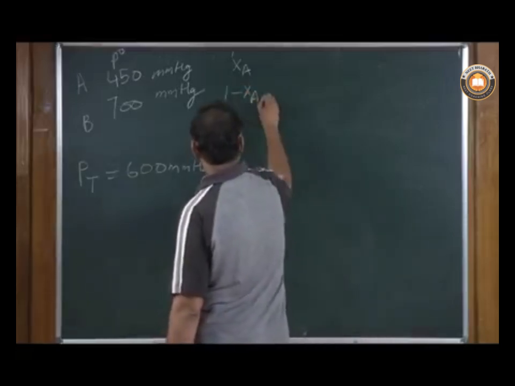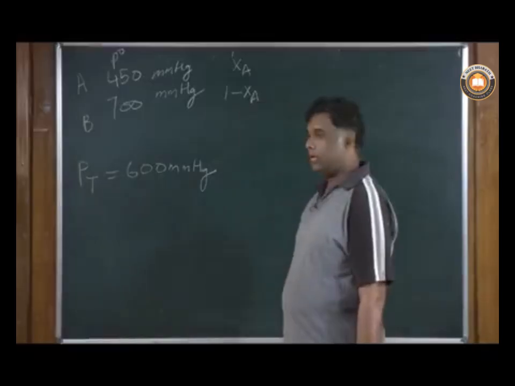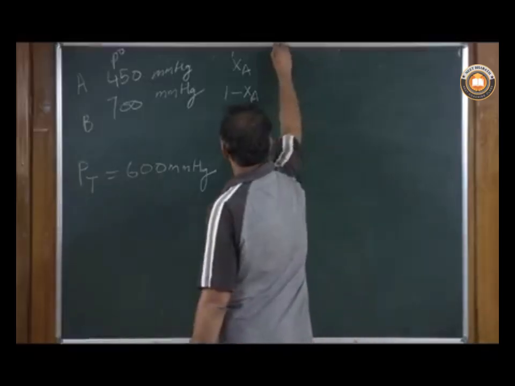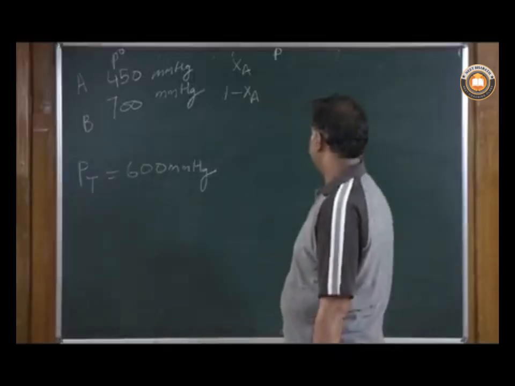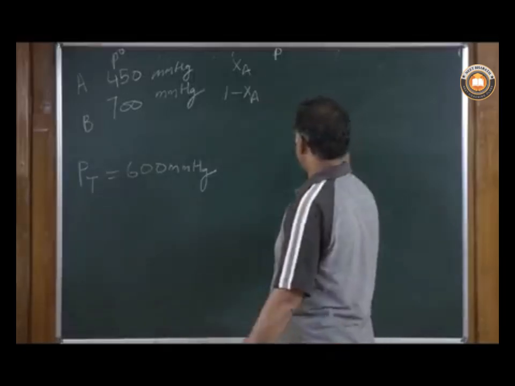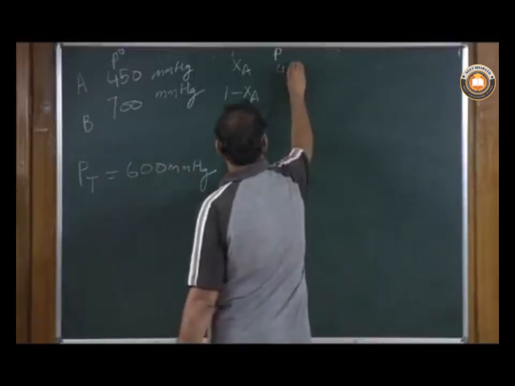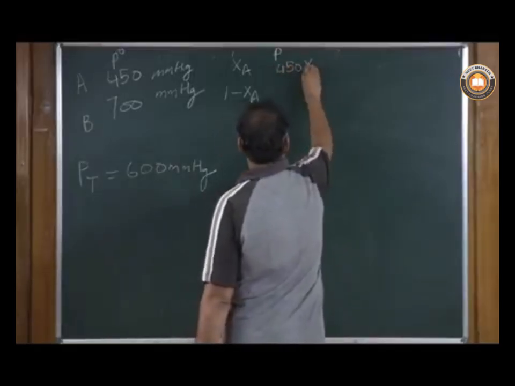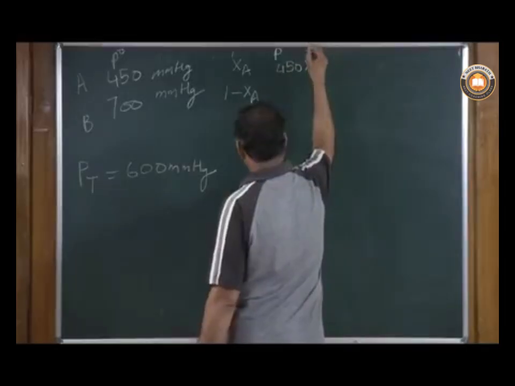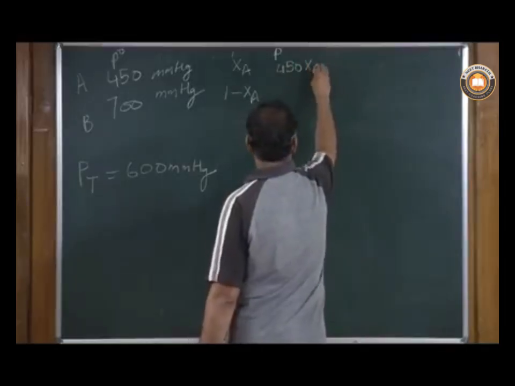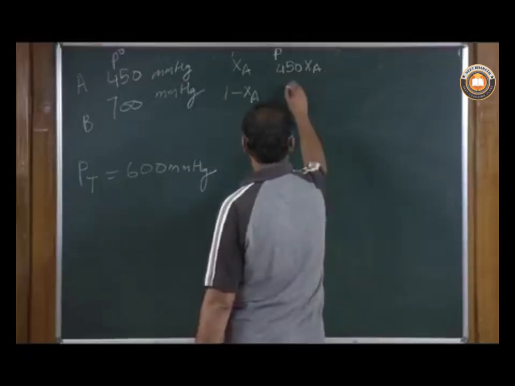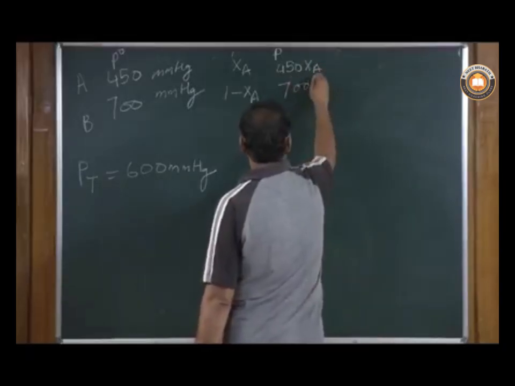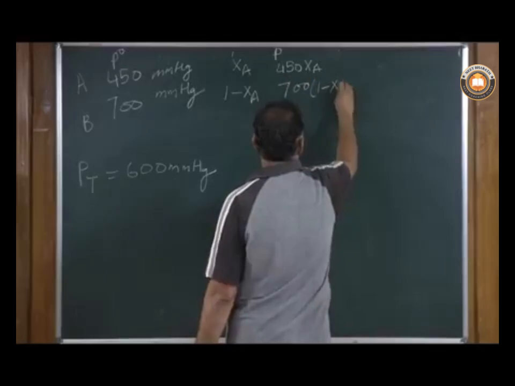Okay. Once I have the mole fraction assumed, I can write the vapor pressure of A and B in terms of X_A. So, the vapor pressure of A is 450 X_A and the vapor pressure of B is going to be 700 times (1 minus X_A).